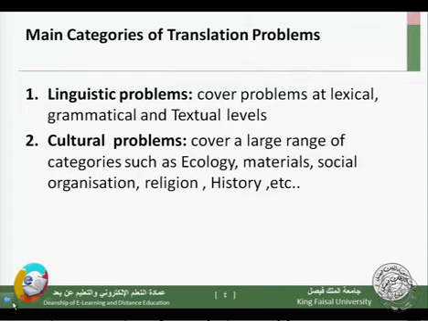Now, what are the main categories of translation problems? How many kinds of problems do we have when we want to translate? We have 2 categories. Mainly, linguistic problems, and cultural problems. Now, you might ask me, what do you mean by linguistic problems and cultural problems?